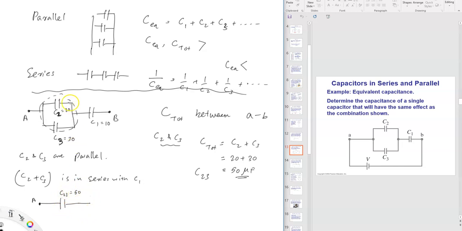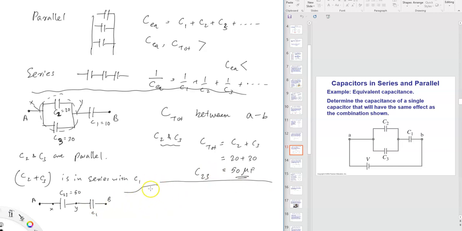And then after that, if we call these points X and Y, there were two capacitors. I remove them and I put a single capacitor. After that, we have C1 and then point B. Now you see this C23 and C1 are in series with each other.